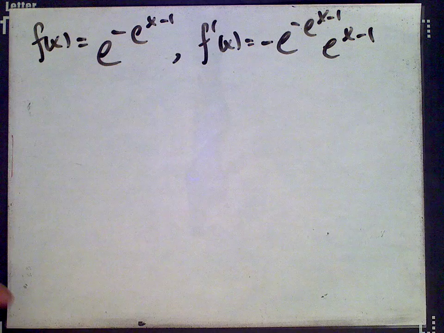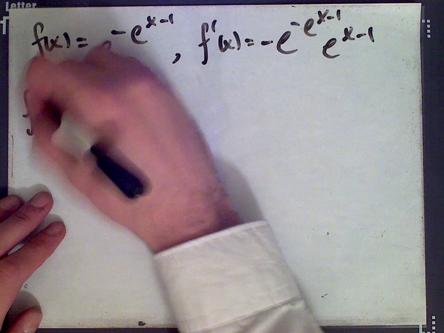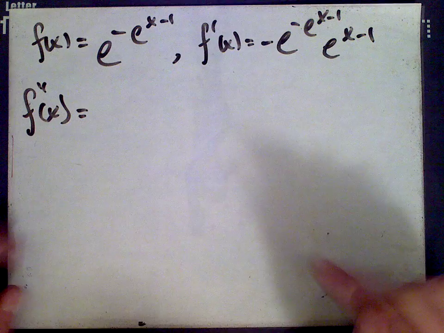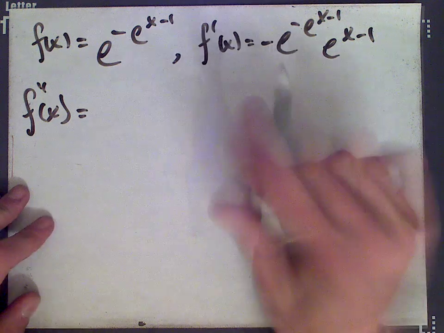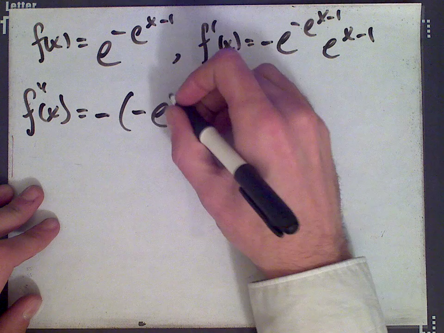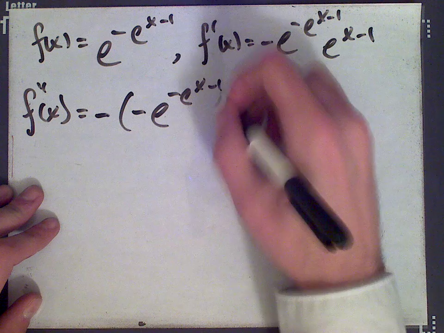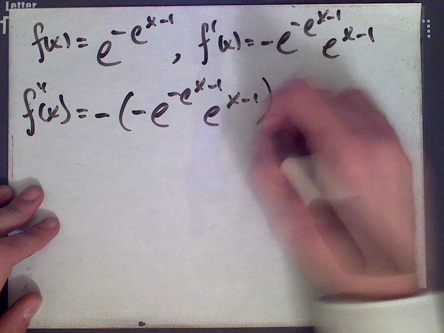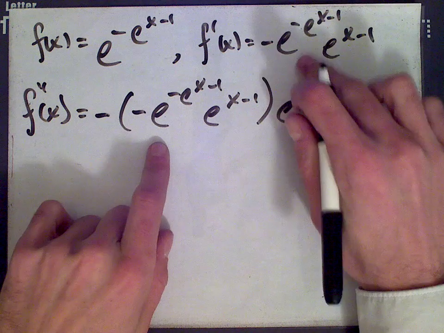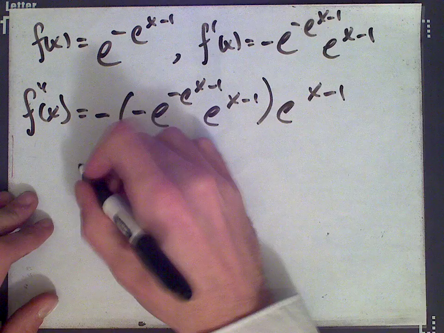Okay, so for the second derivative, we're going to need to use the product rule. I'm going to take the derivative of the first, which we just got. It's negative e to the negative e to the x minus 1 times e to the x minus 1. And we multiply that by the second factor, e to the x minus 1.